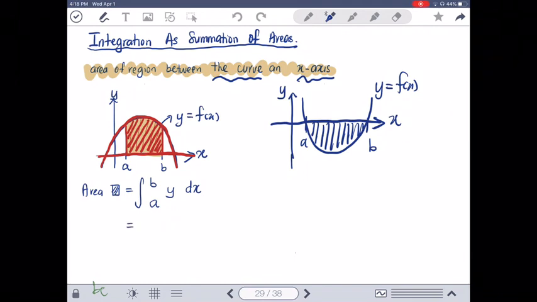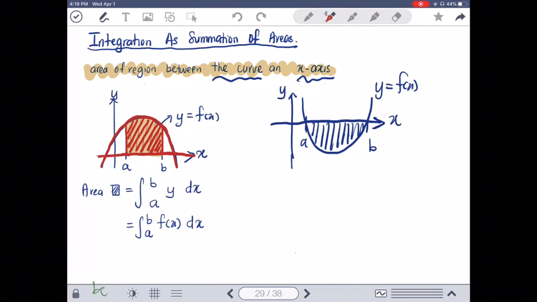In other words, it's just the integration from a to b of the function f of x with respect to x. Why is it with respect to x? Because the boundaries are on the x-axis.